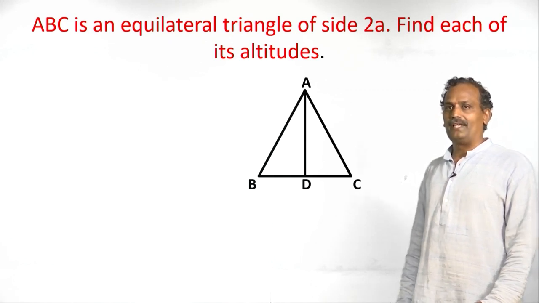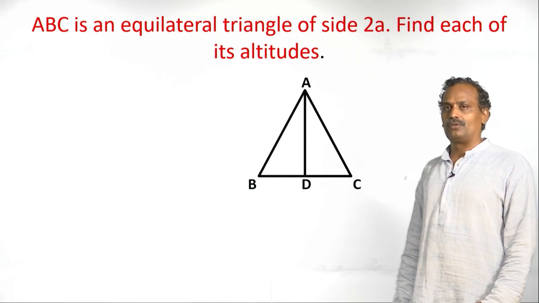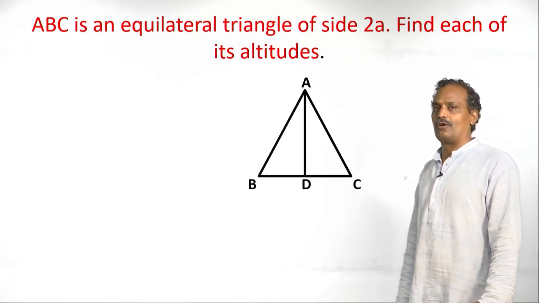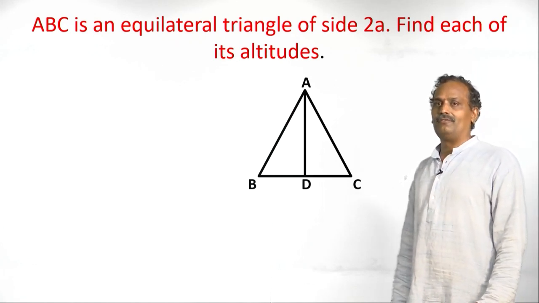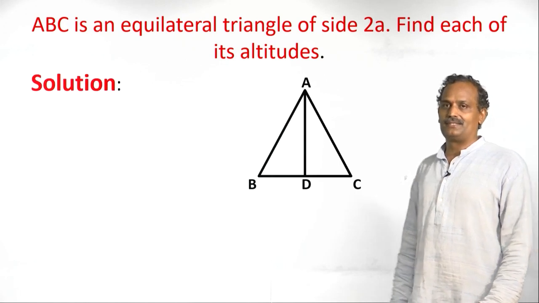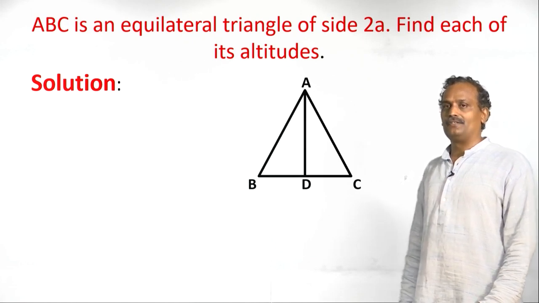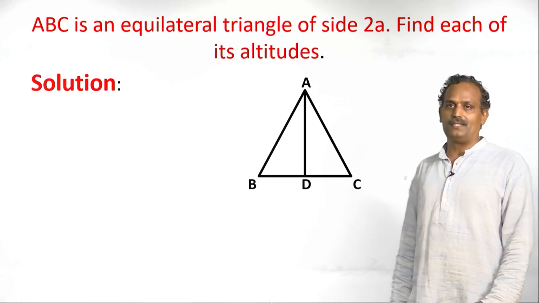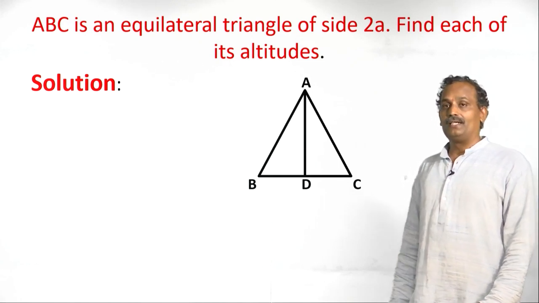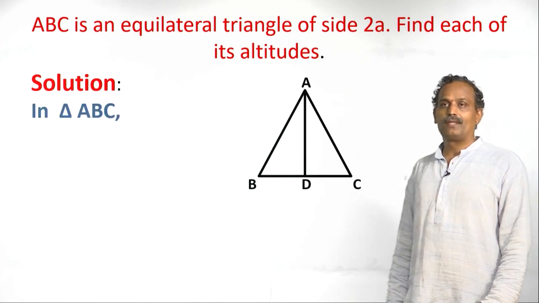Now, there is one more line we have drawn, that is altitude AD, and we know that AD bisects the opposite side. So, it bisects BC into two. BD is half of BC and DC is also half of BC, and BD is equal to DC.